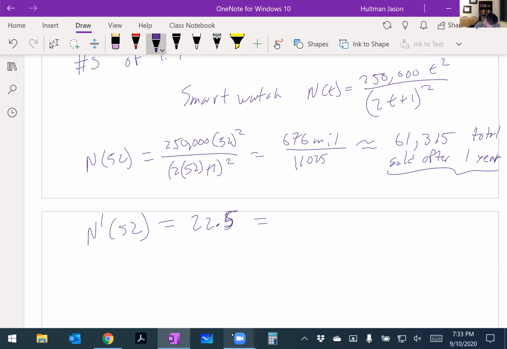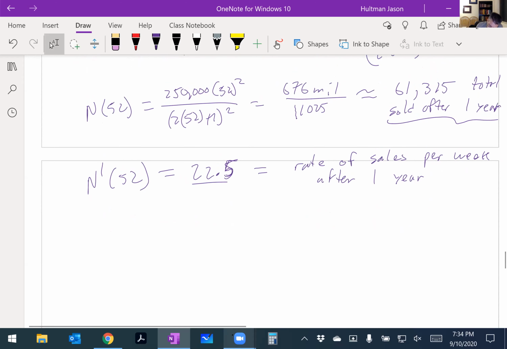What is this? This is the rate of sales per week after 1 year. So every week we're going up by about 22.5 around the 52nd week. Does that make sense? After 1 year, we're selling an extra 22.5.